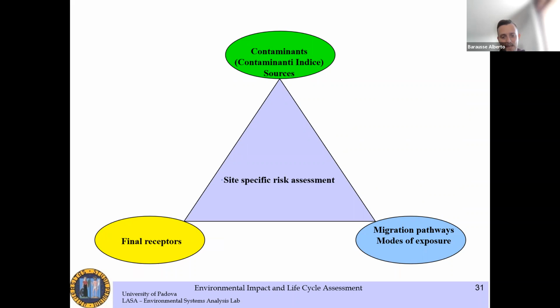So as this slide aims to show, site-specific risk assessment is based on the quantification of contaminant properties, the upper edge of the pyramid, of the migration pathways and the modes of exposure, so the way that contaminants come into contact with targets, and also with final receptors, so the targets.